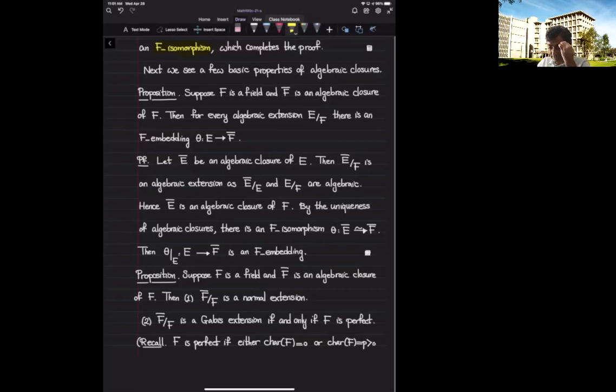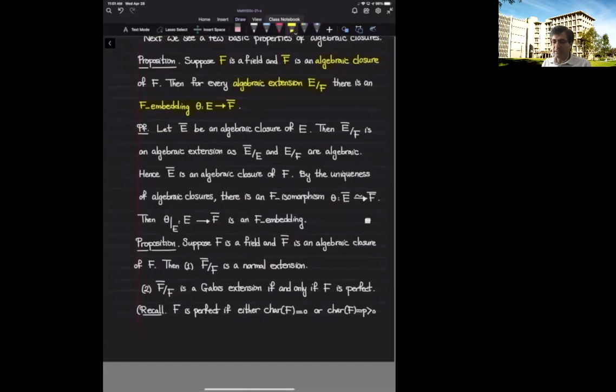Okay, so let's again formulate it precisely. Suppose F is a field, F bar is an algebraic closure of F. Suppose E over F is an algebraic extension. Then I can find an F embedding from E to F bar. So every algebraic extension can be embedded into F bar.